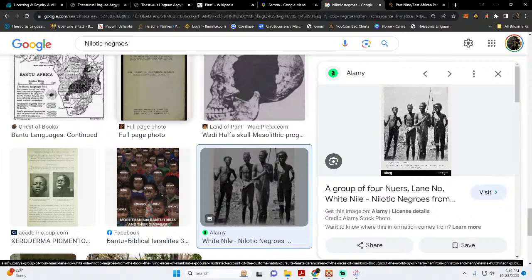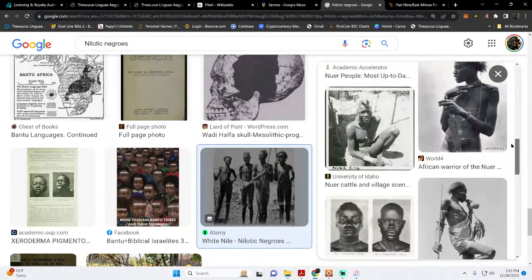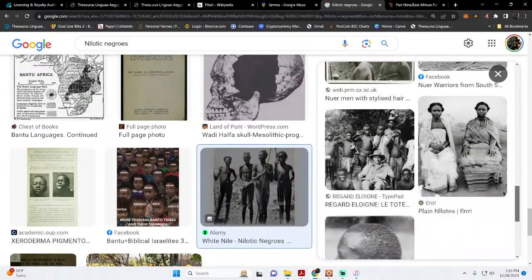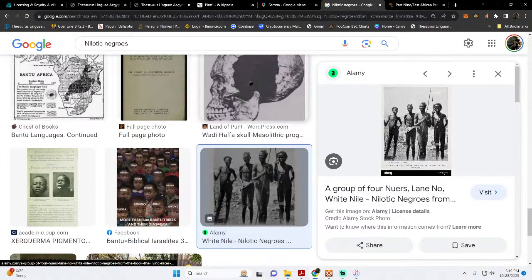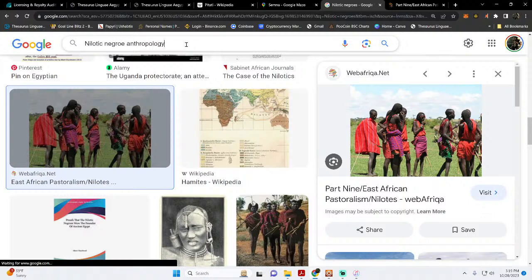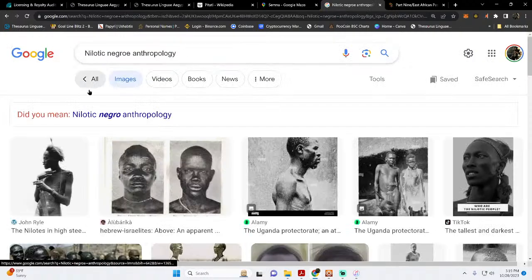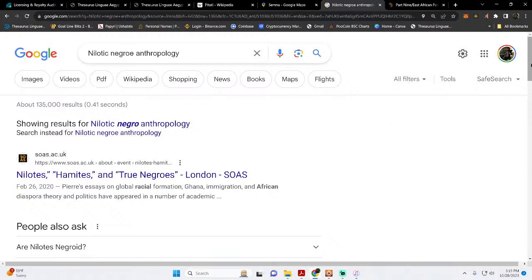I don't know how they're white, because they're talking about their head and their cranium, but they're actually the darkest people. Why are all these black and white so I can't show you? But now if we go look at this, just Nilotic Negro anthropology. Well, I'm going to do something else. I'm going to say Nilotic language group.